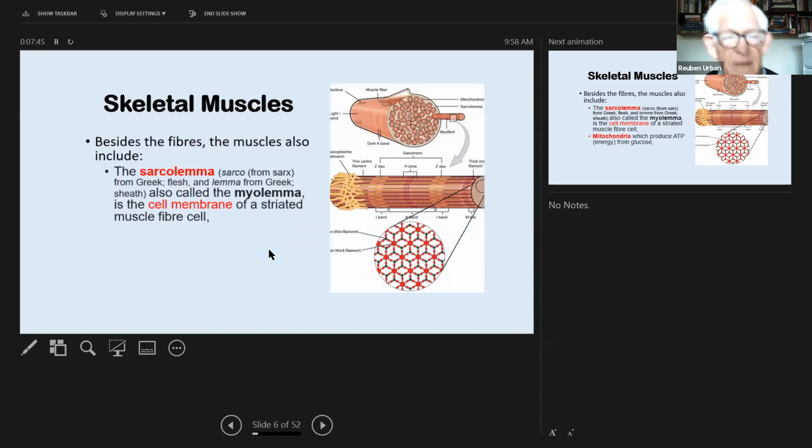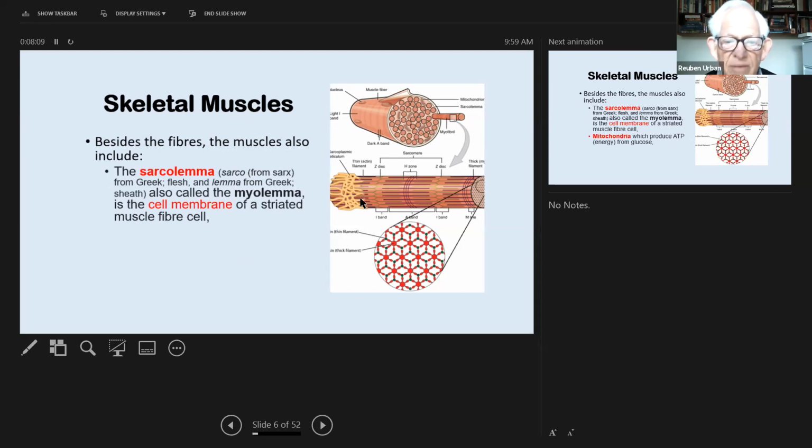So I've put a few diagrams in because if you haven't come across this before, it could be quite confronting. Now, here's a diagram of just a small section of a muscle, and they've got the fibers.